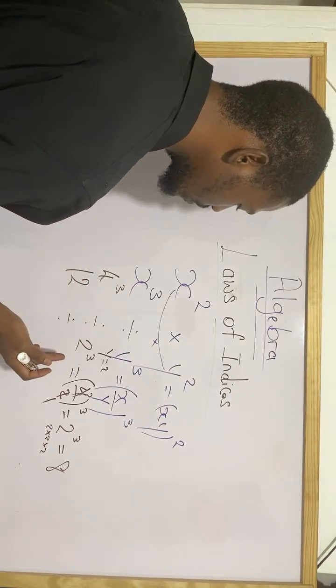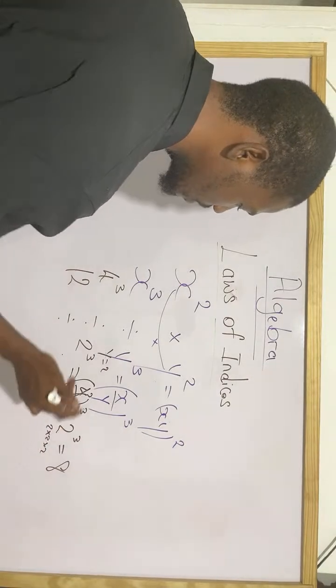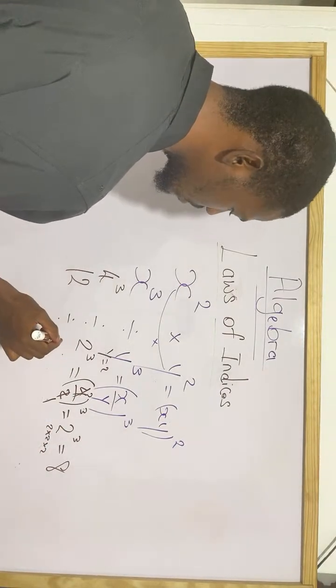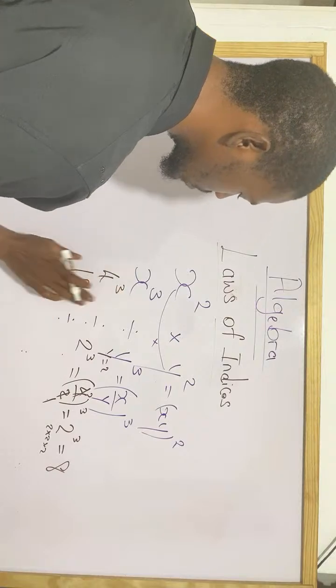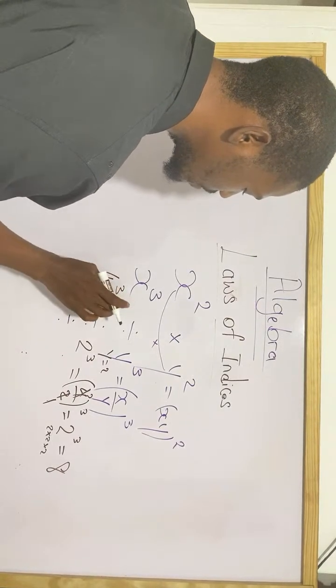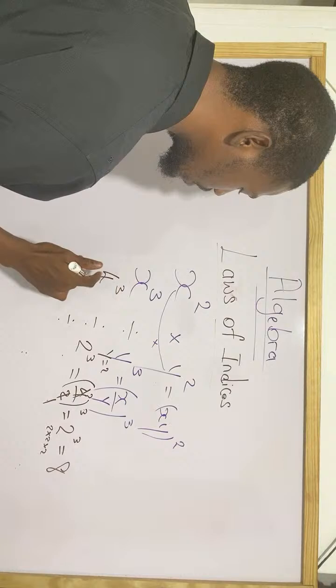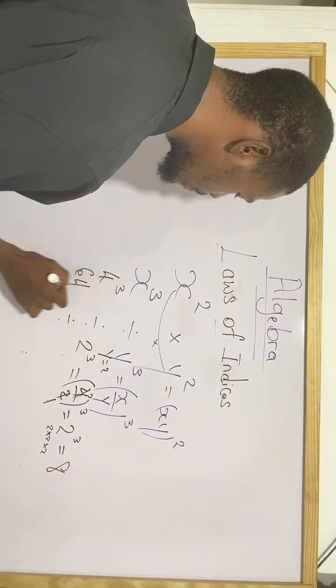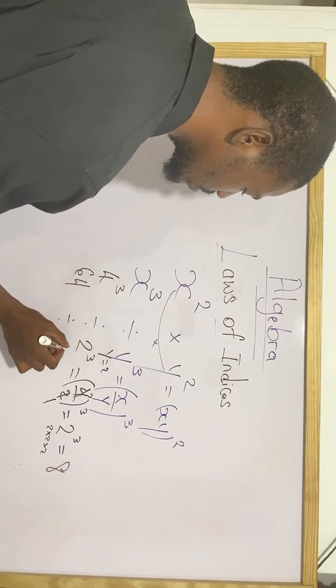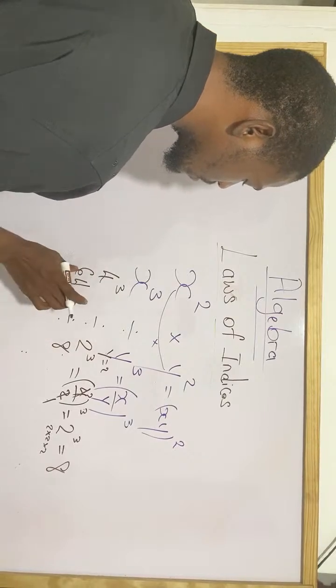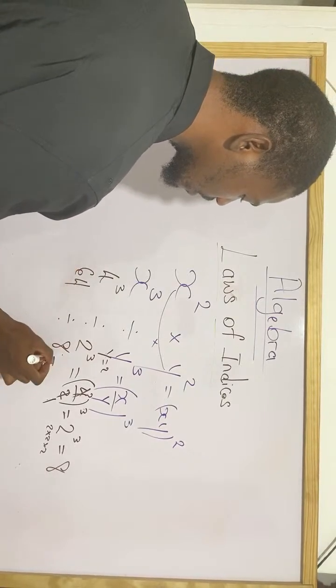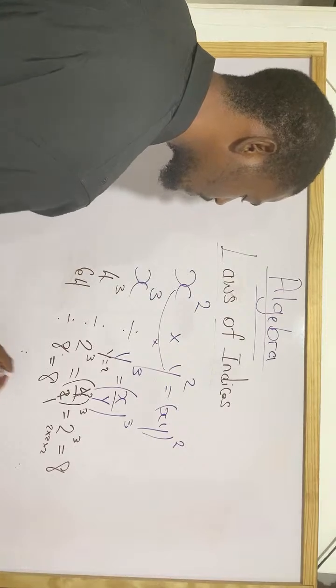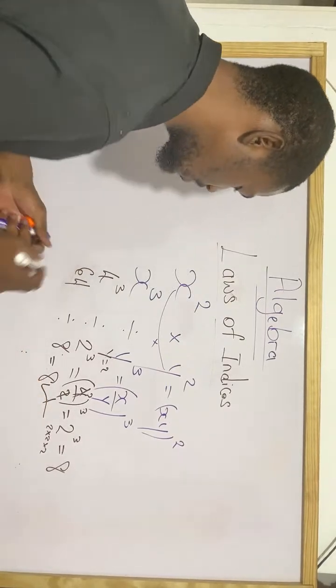And 2 to the power of 3 gives us what? Well, we have it right here: 8. Oh, sorry, I literally just multiplied 4 and 3 together. Sorry about that. It's going to give us 64. And this now is going to give us 8. So 64 divided by 8 gives me 8. Lovely.